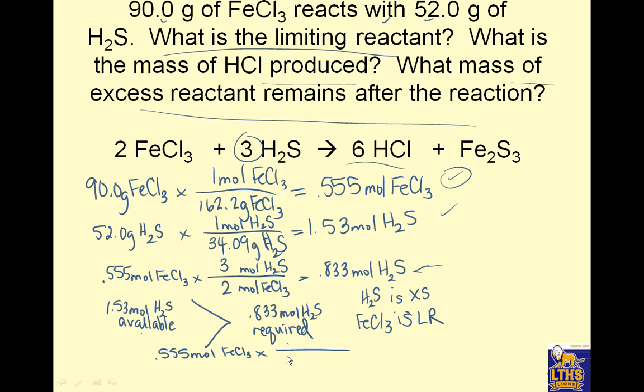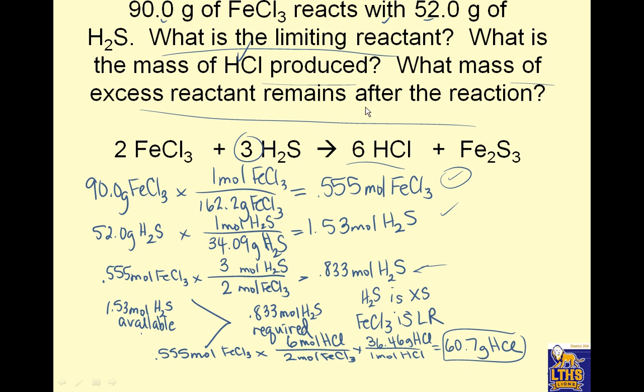And I know that for every 2 moles of FeCl3 coefficient, I will make 6 moles HCl coefficient, but I want mass of HCl, so I say 1 mole of HCl has a mass of 36.46 grams HCl from the periodic table, and I find out that there will be 60.7 grams of HCl produced if all of the iron chloride gets used up. Okay, so that's question 2, mass of HCl produced.